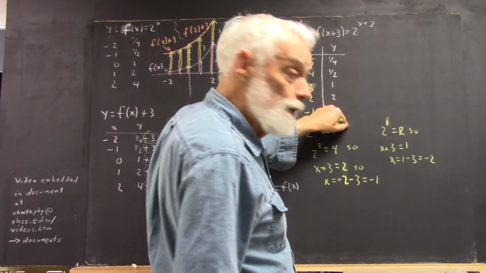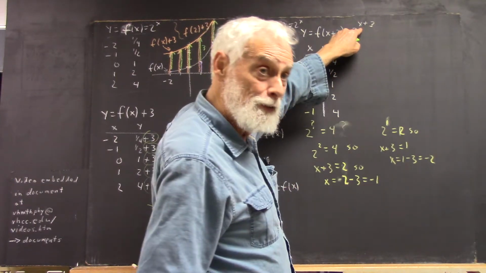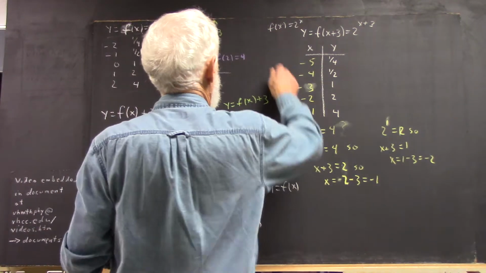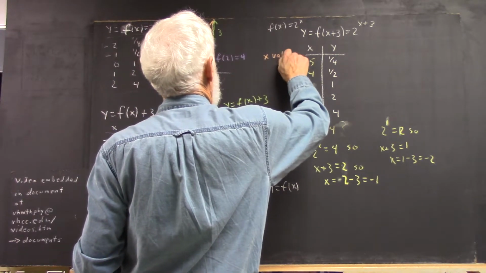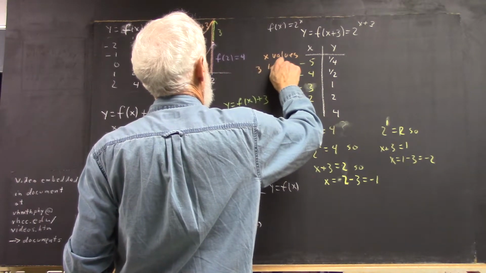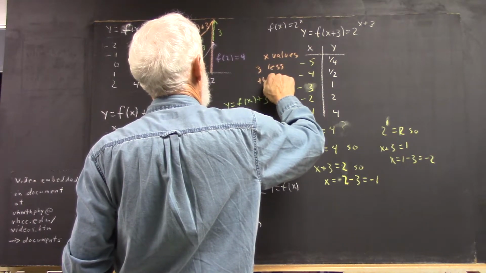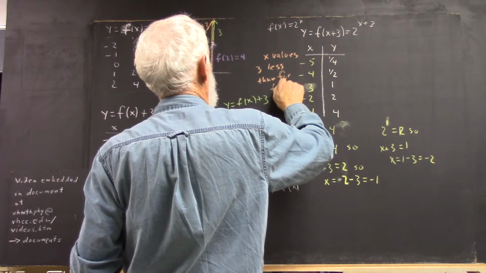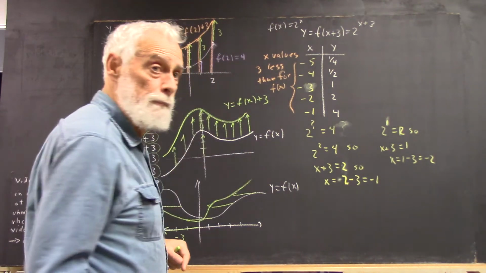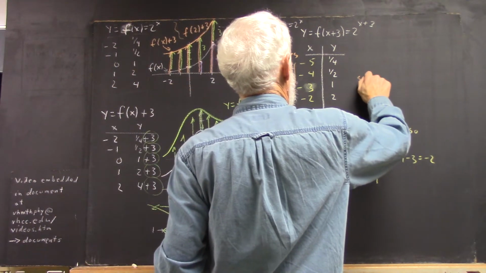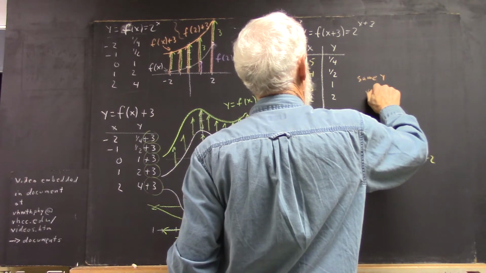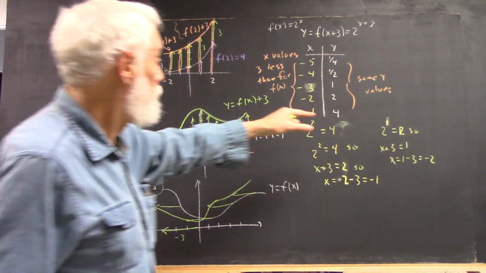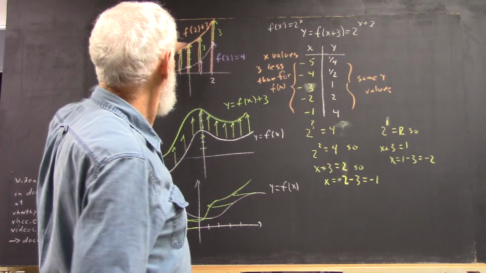So to get the same values, x has to be 3 less than it was over here. Okay. So you get the same y values if x values are 3 less than they were for the f of x function.